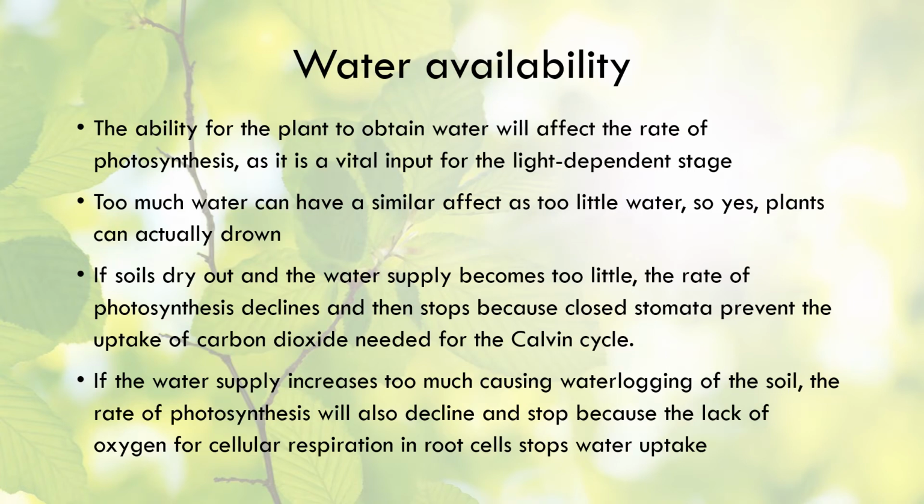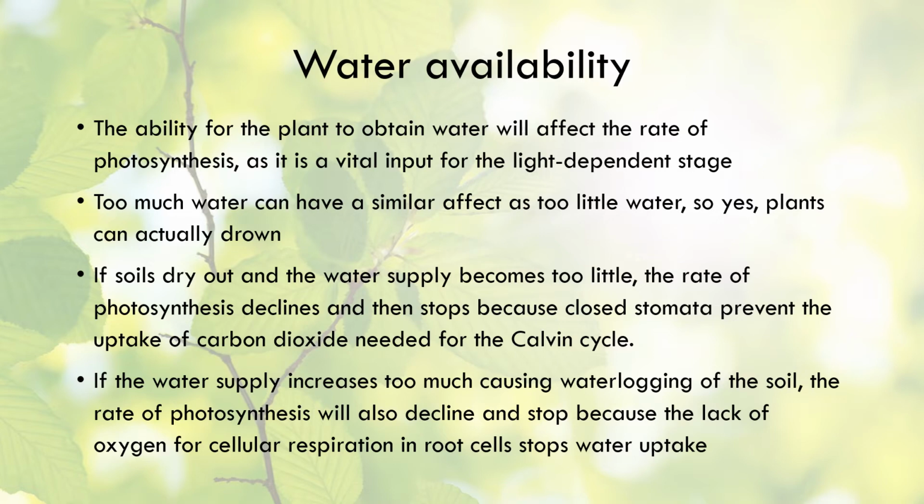If we have too much water, by waterlogging the soil, the rate of photosynthesis again declines because we've got no oxygen for cellular respiration in the root cells. And so the root cells stop taking up water. And if the root cells stop taking up water, we stop the process of translocation up to the leaves, and we stop transpiration occurring where the water is released from the leaf.